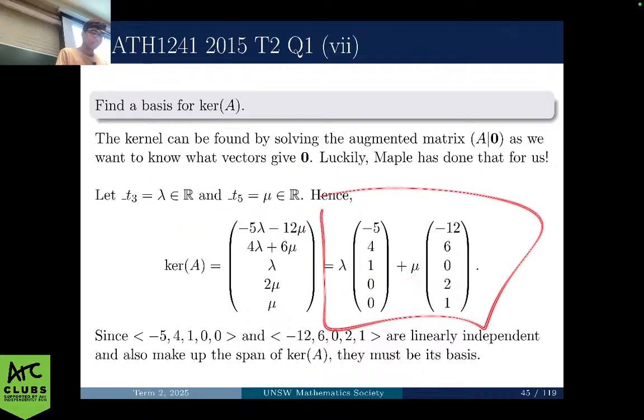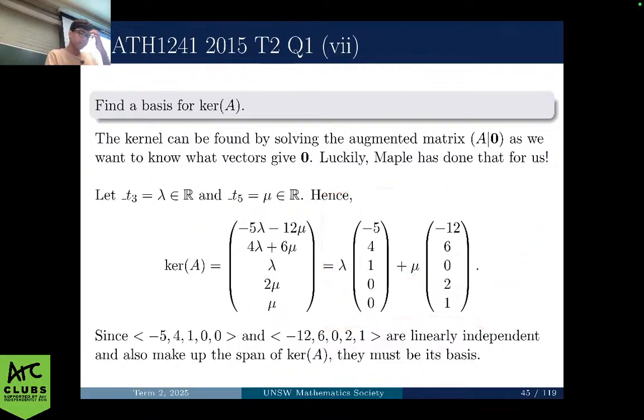And here we have just this equation of a plane: lambda times this and mu times this other vector. These are linearly independent, so they make up the span of this, and they are also its basis by definition. Is that okay? I know I've been going a little quick. Is that all right? Cool.